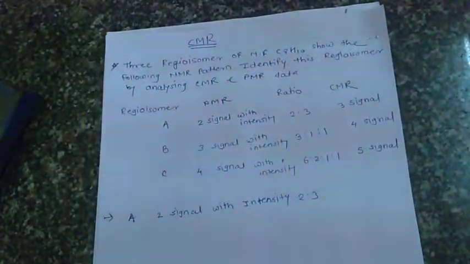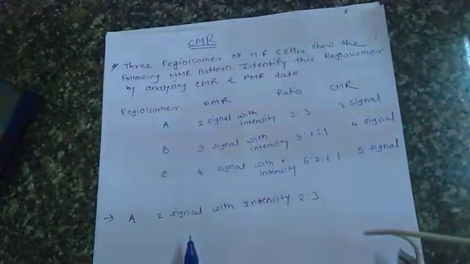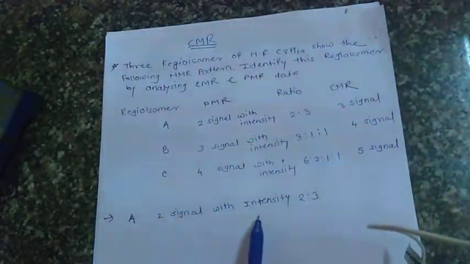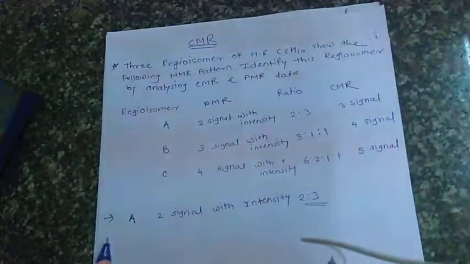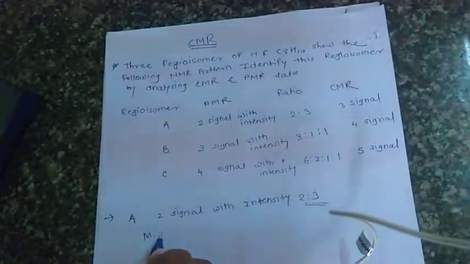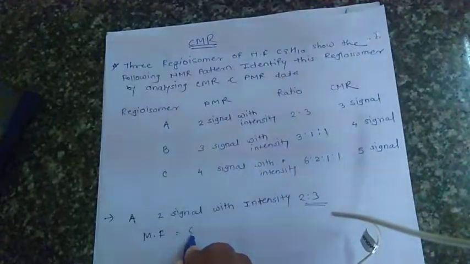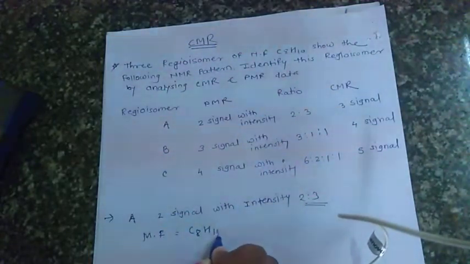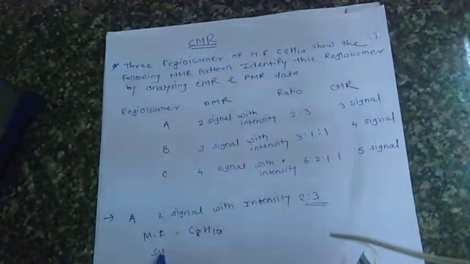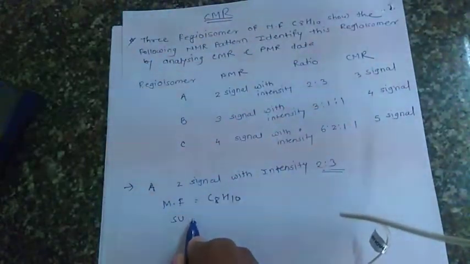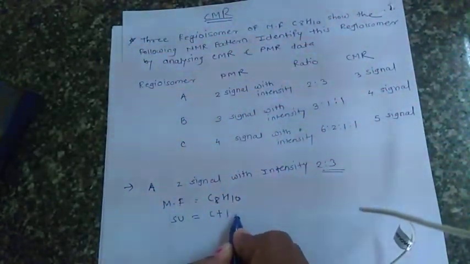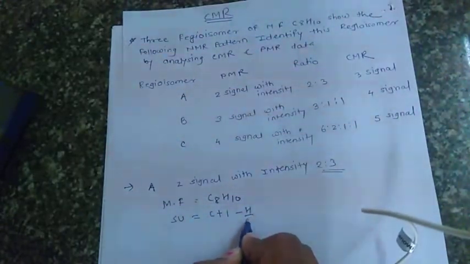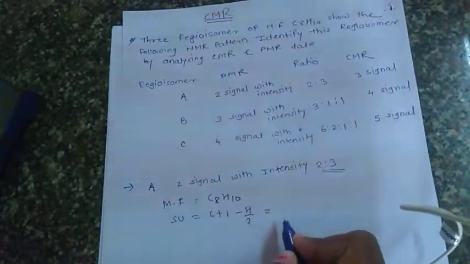First of all, we take the first regioisomer, that has 2 signals with intensity ratio 2:3. Here they give us the molecular formula C8H10. Using this, we can find out the sites of unsaturation, having the formula C + 1 minus H divided by 2, which is equal to what?